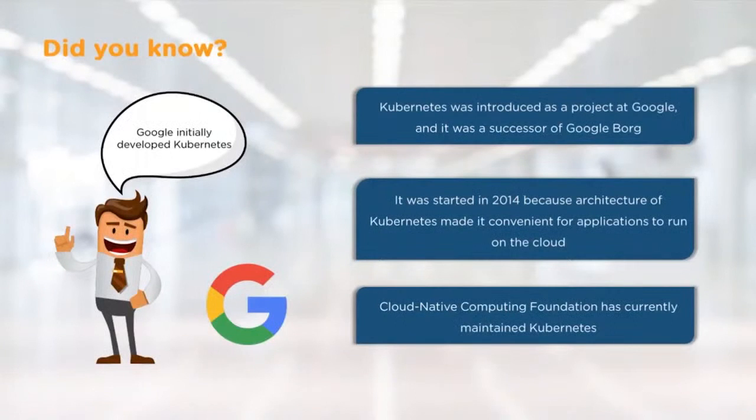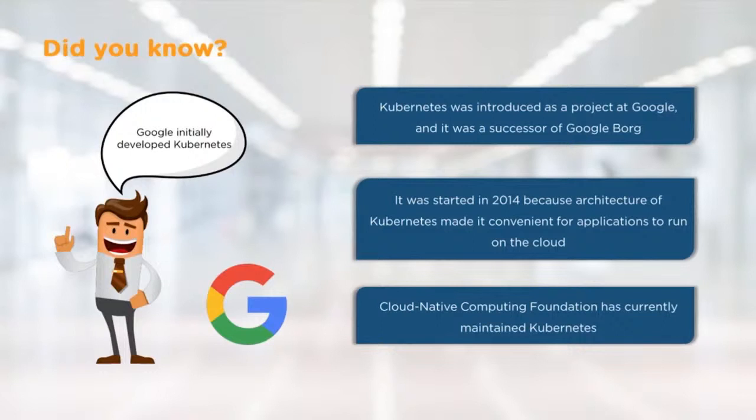So a little bit of background, a little bit of trivia around Kubernetes. Kubernetes was originally a successor to a project at Google, and the original project was Google Borg. Google Borg does exactly what Kubernetes does today, but Kubernetes was rewritten from the ground up and then released as an open source project in 2014 so that people outside of Google could take advantage of the power of Kubernetes containerization management tools.